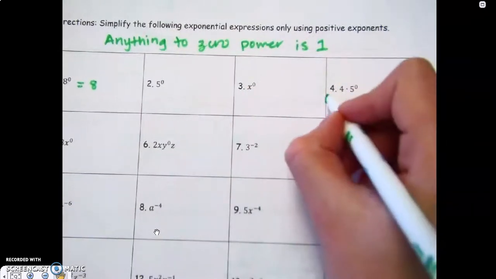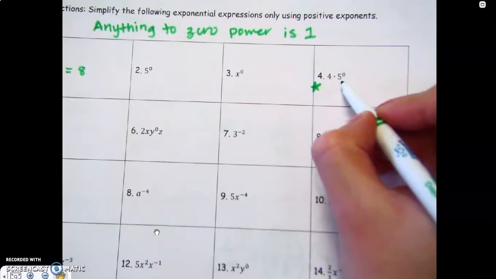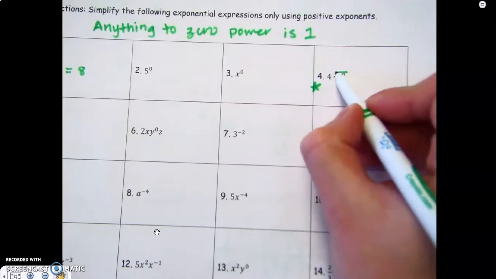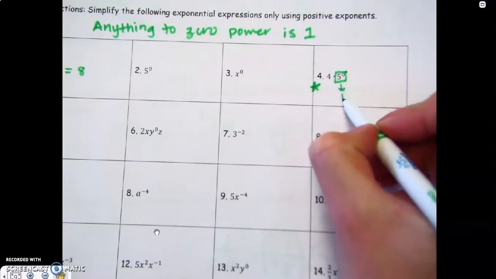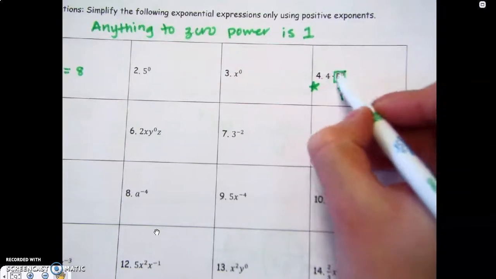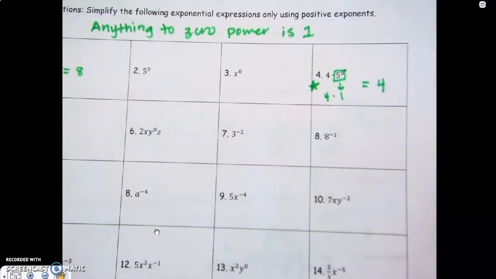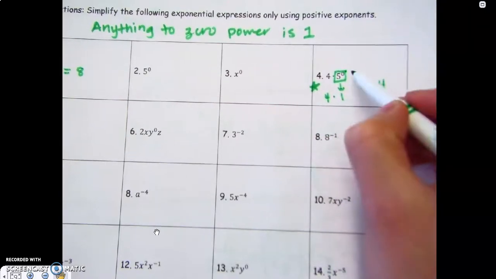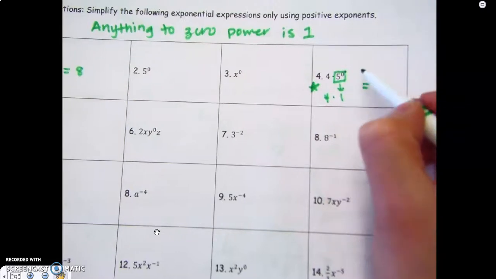Slide over to number 4. 4 is a little different because I'm not just doing 5 to the 0, I'm doing 5 to the 0 times 4. This is the only thing that's being raised to the 0 power, so that is equal to 1. But I still have to multiply this expression by 4, which makes this answer 4. Okay, so the only thing that's 1 is the only thing that's being raised to the 0 power. If there's something else next to it, you have to account for that.